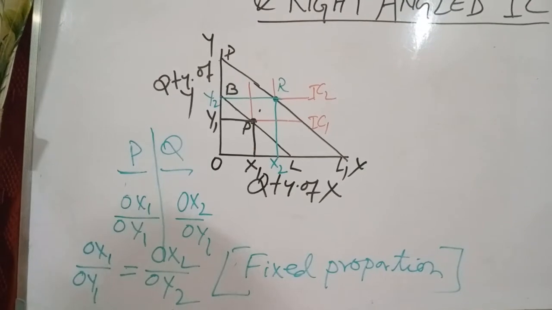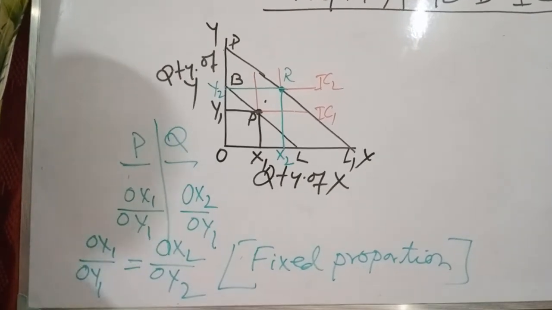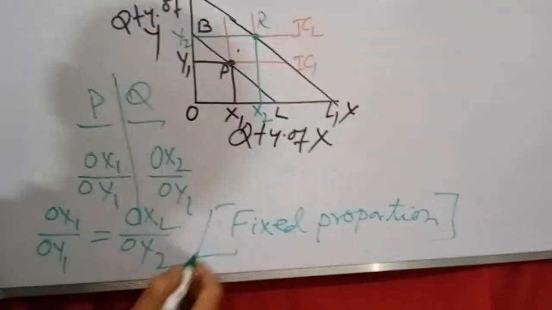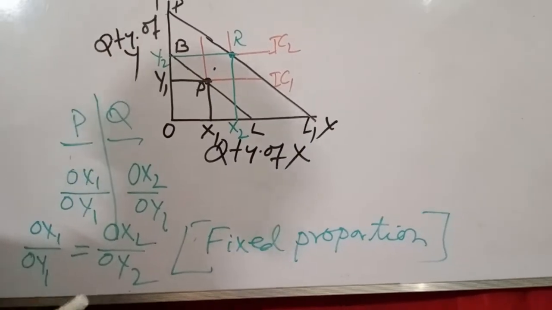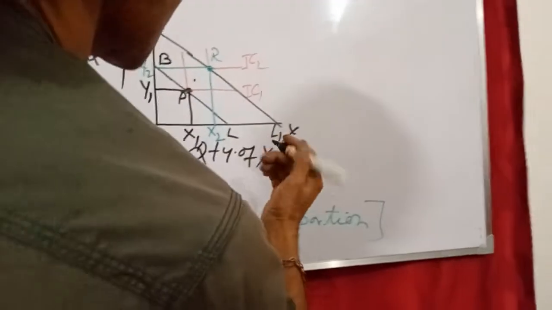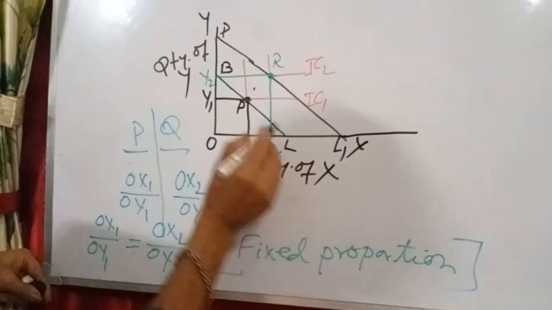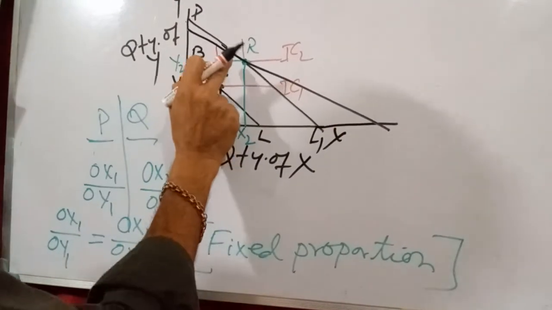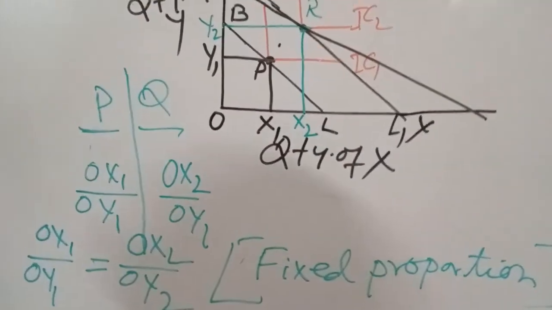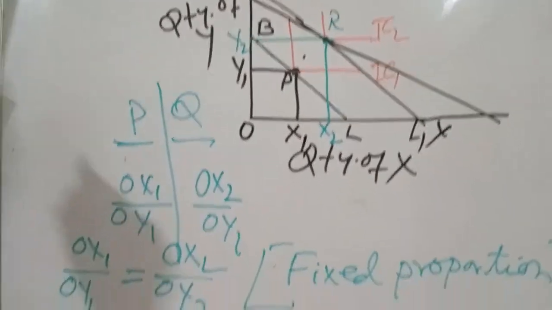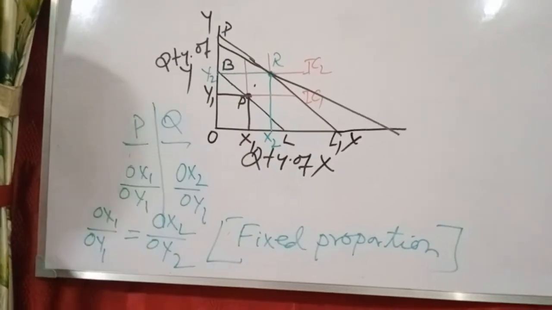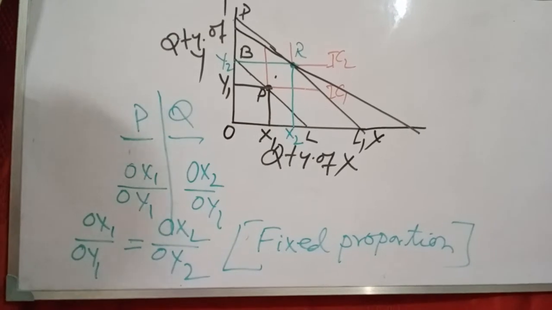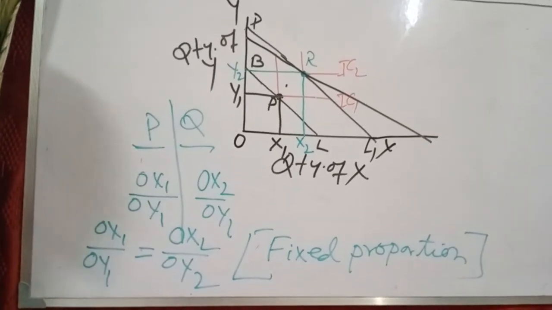The proportion is said to remain fixed irrespective of changes in money income or changes in the relative price ratio. That means if there is a change in the relative price ratio, still the consumer can live at point R, because X and Y are complementary goods and they are to be consumed in fixed proportion irrespective of the money income of the consumer, irrespective of the relative prices.